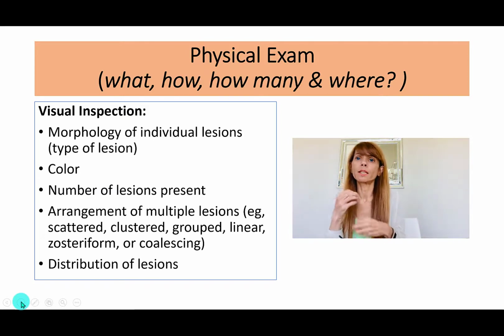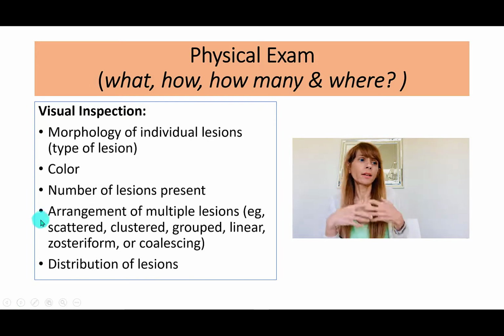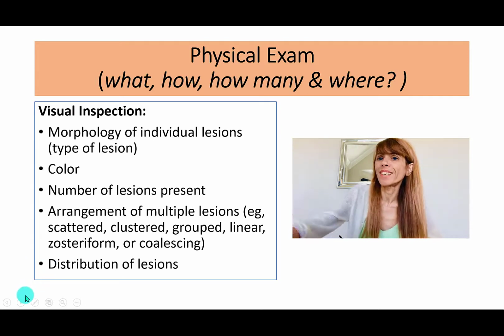You need to know how many are present, the number of lesions, and the arrangement of the lesions, which is extremely important: are they grouped, scattered, clustered, or whatever. And lastly, what is the distribution of the lesions, if they are present in other parts of the body.